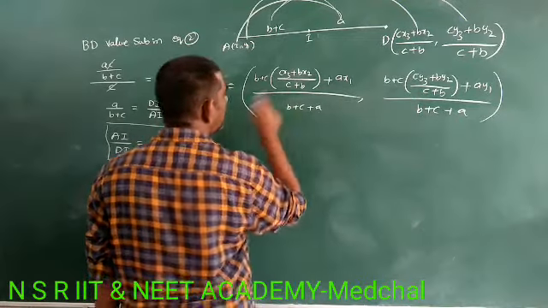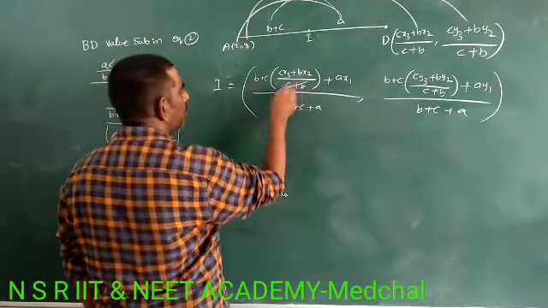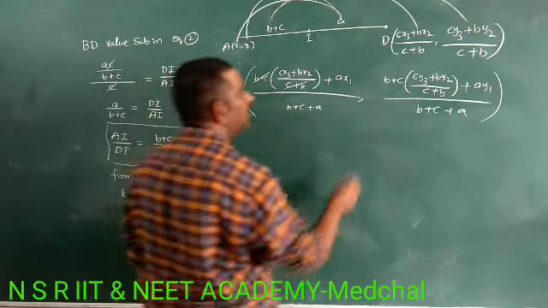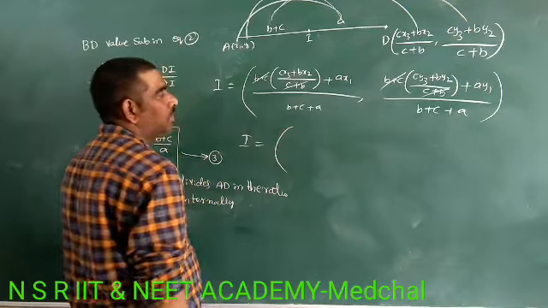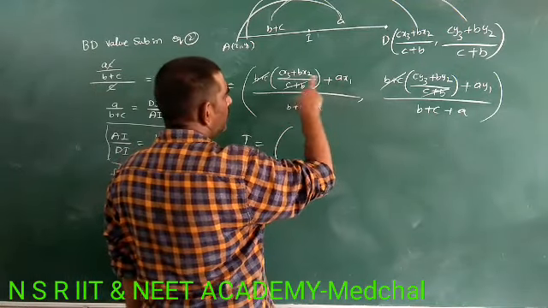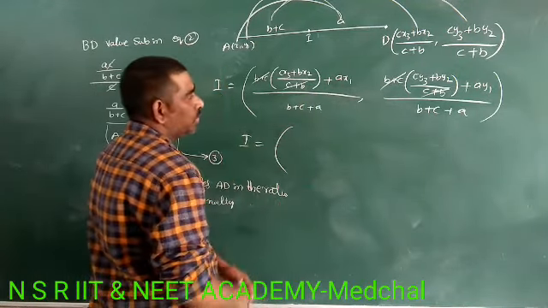B plus C and C plus B are both the same, so cancel these terms, and here also cancel both terms. So we get I equal to, which terms are present in the numerator?